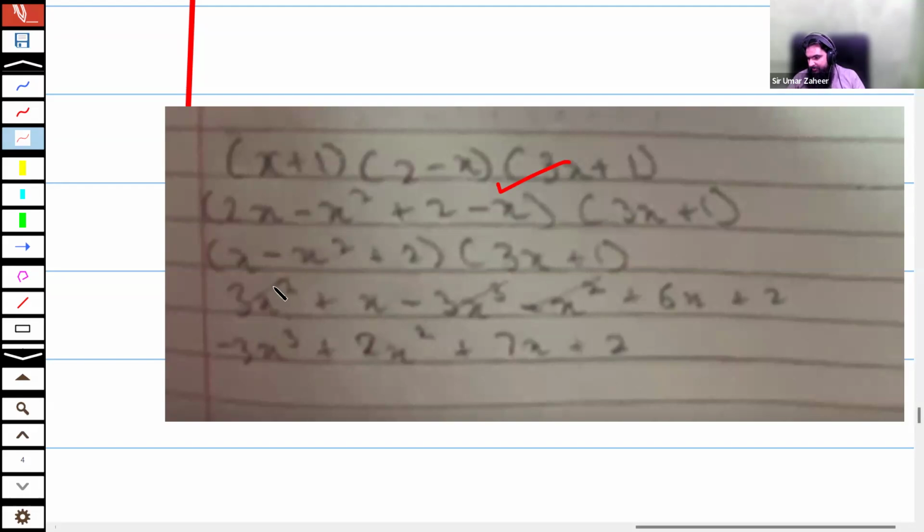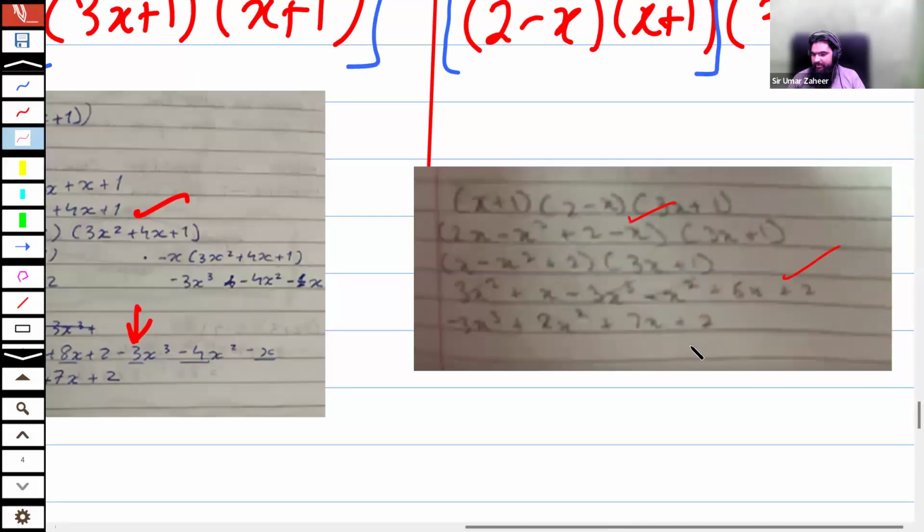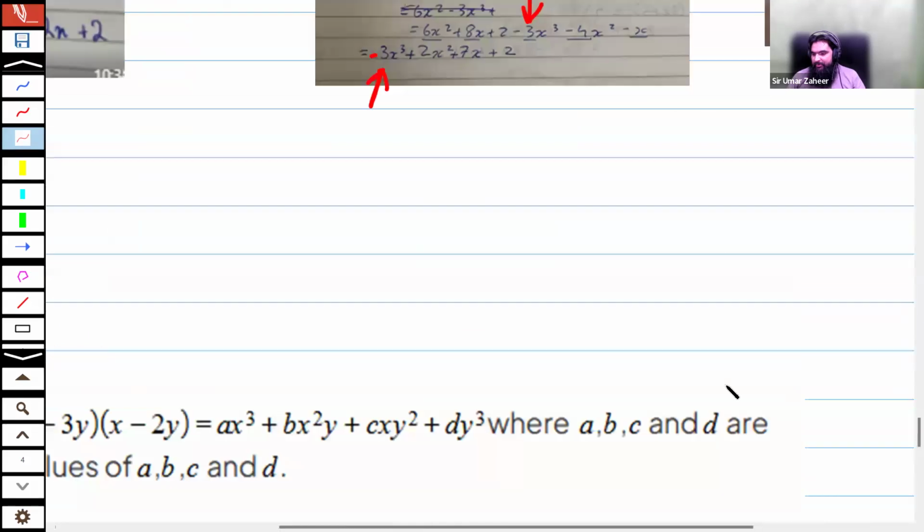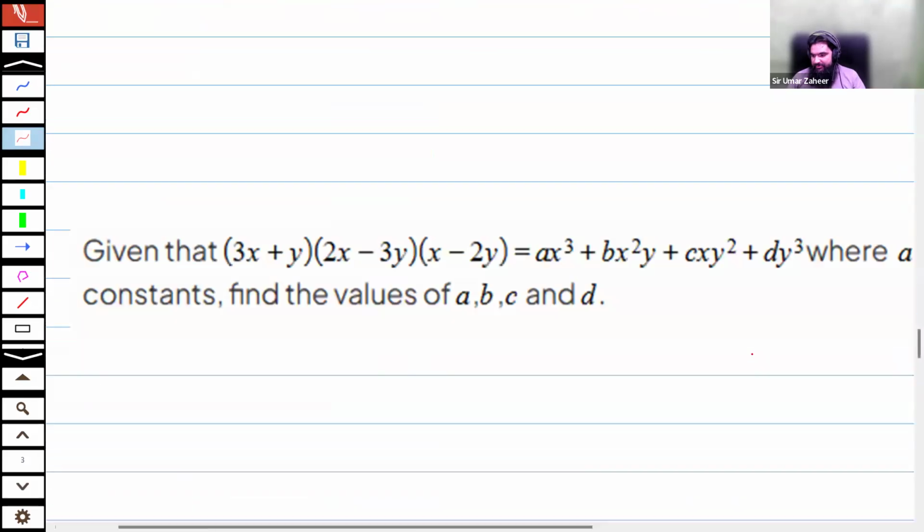So 3x square minus x will be 3x square plus x minus 3x cubed plus 3. All right, that's good. Now we have to talk about this one.